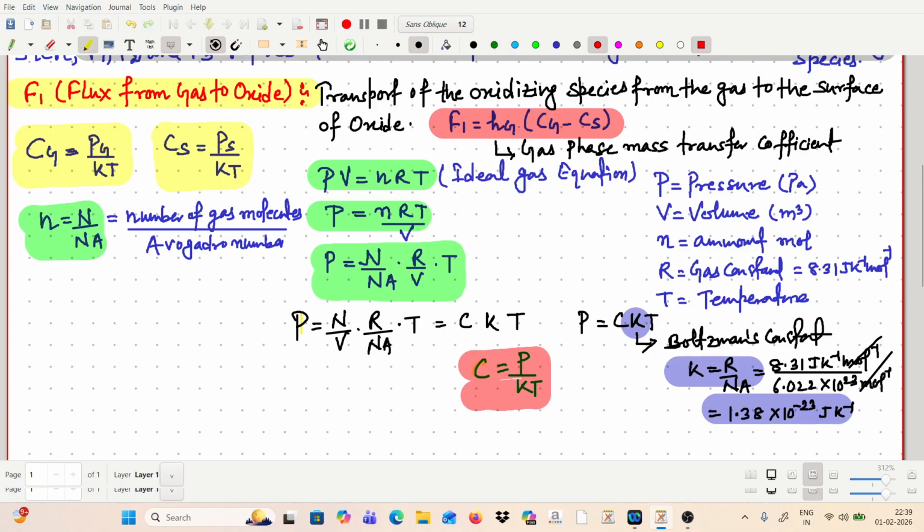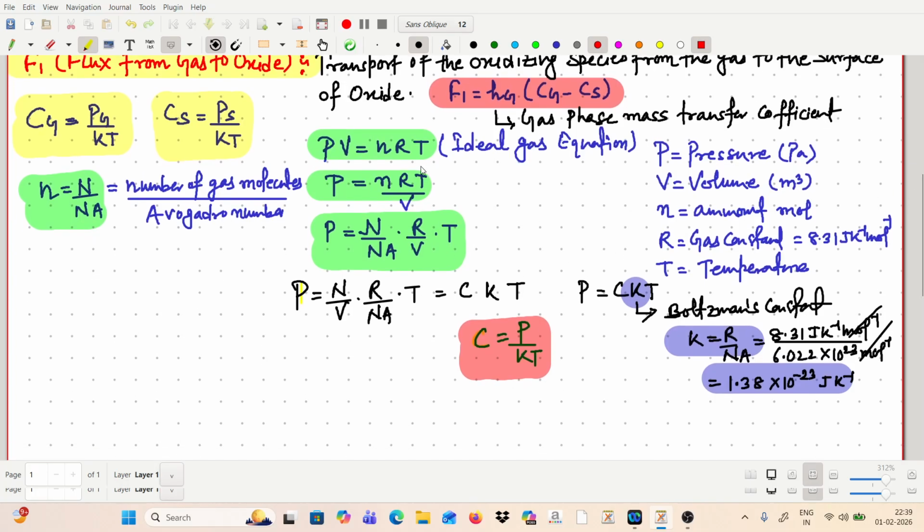So this is the proof of this one. Why are we doing all this? It will be clear very soon. Now F1 equals Hg into Cg minus Cs. I am saying this one is our equation number 1.